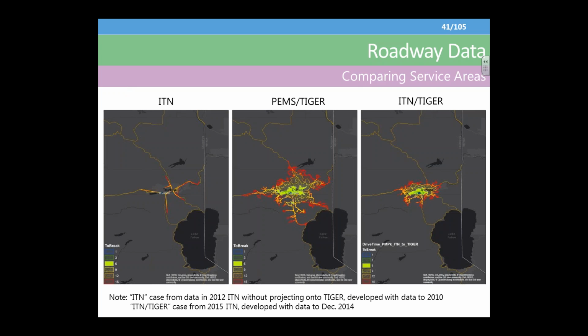So as we go through time, we're going to be getting stations in less urban areas, and we want to be able to still project the coverage provided by those stations or proposed stations in those areas. So we couldn't simply just use ITN in its native form. That's why we had to go through this entire process to get this ITN Tiger.